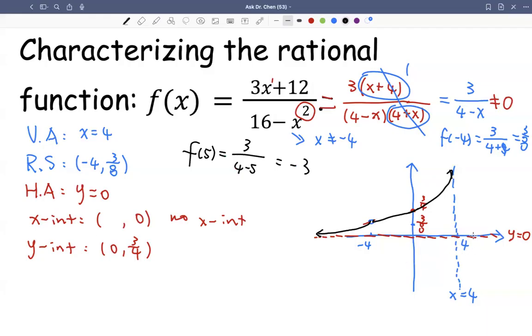So 5 is somewhere here, and the function value would be negative 3. That's 3 over 4, so it would be 4 times that, down below here. We make the 4 of this: 1, 2, 3, 4. So one value is here.